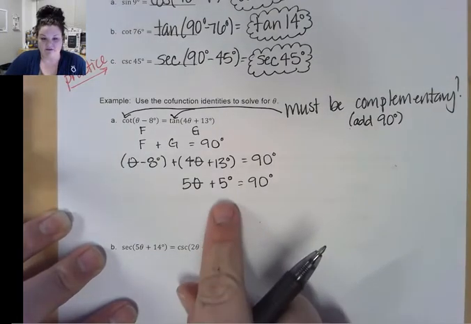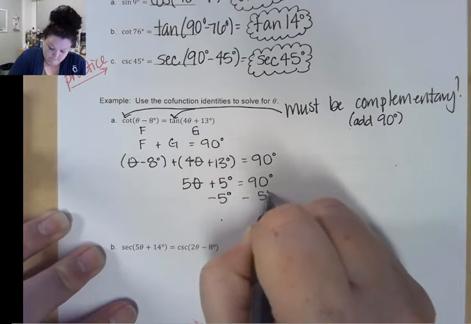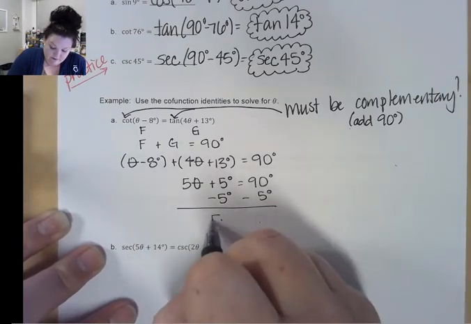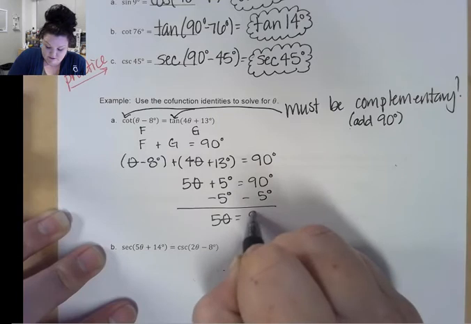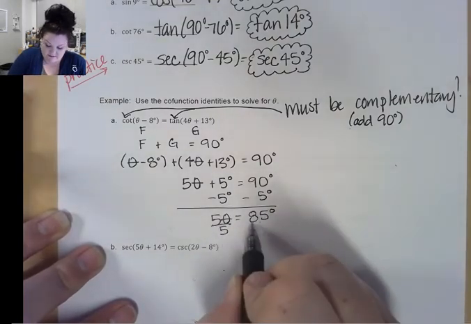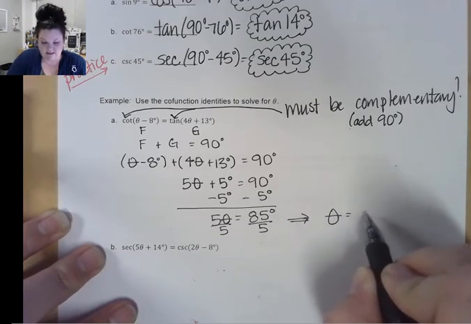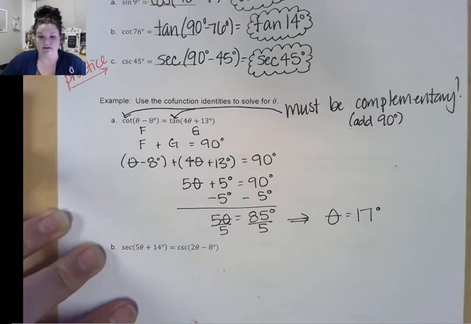And then I can go ahead and solve by moving my 5 degrees over, which leaves me with 5 theta is equal to 85 degrees. And then I just divide off that 5, okay, which gives me theta is equal to 17 degrees.